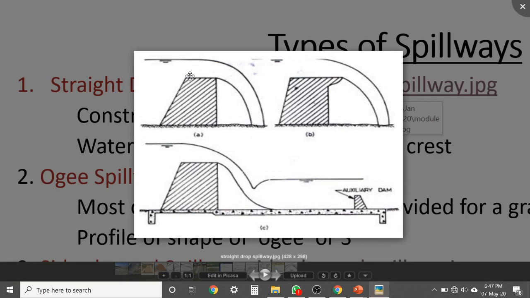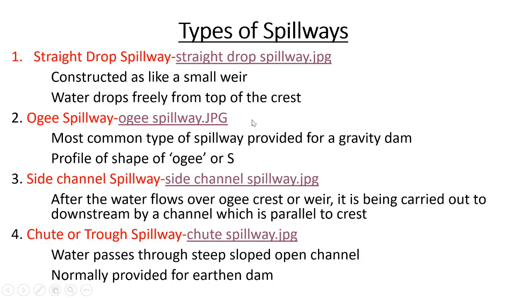The topmost portion of a dam is called the crest. When water exceeds the top level of the dam, it simply overflows above the dam so that water reaches the downstream side. That's the kind of straight drop spillway.